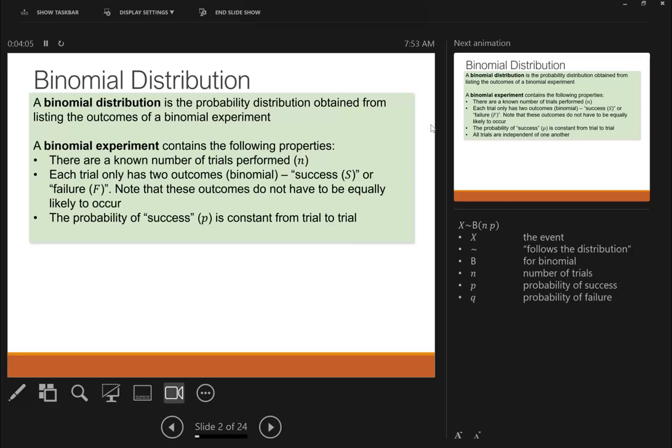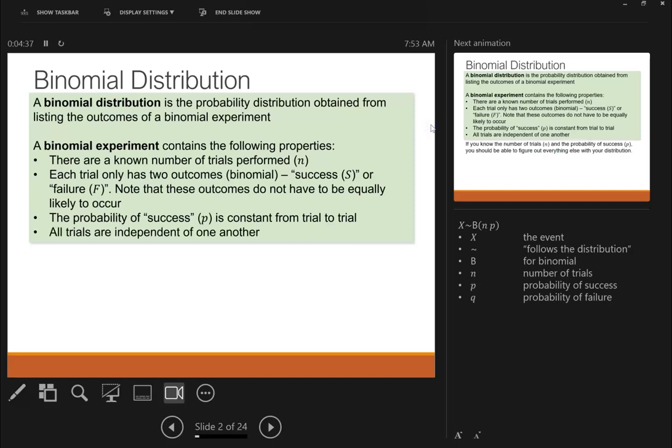So like drawing cards from a deck of cards, if you're not putting the card back, the probability the next card is drawn is out of 51 instead of 52. The probability has changed. For drawing names out of a hat, if you don't put the name back in after you've drawn it, the probability has changed. So you need to have replacement for your situation to possibly be binomial if you're picking things from a set. Is everybody okay?